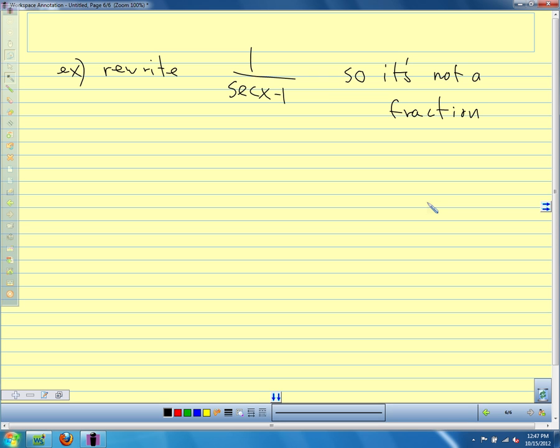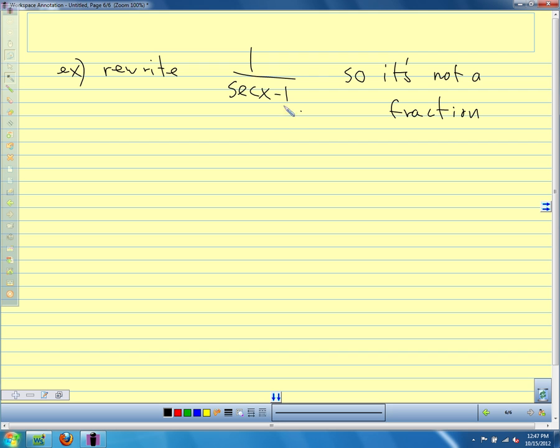So this one is probably the most tricky one that we have to work with. Whenever I have a trig function like this in the denominator, and I want to simplify this, it's kind of like when you work with complex numbers, it's kind of like multiplying by the conjugate. So it's a similar idea.